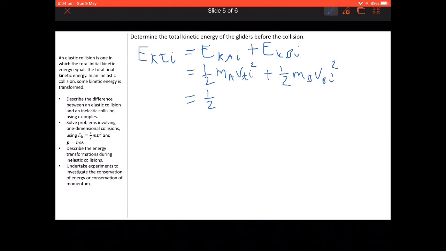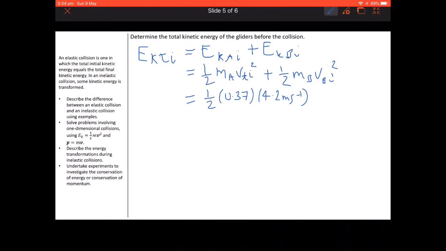This will be 0.37, got it correct this time, and the initial velocity of A was 4.2 meters per second to the right.